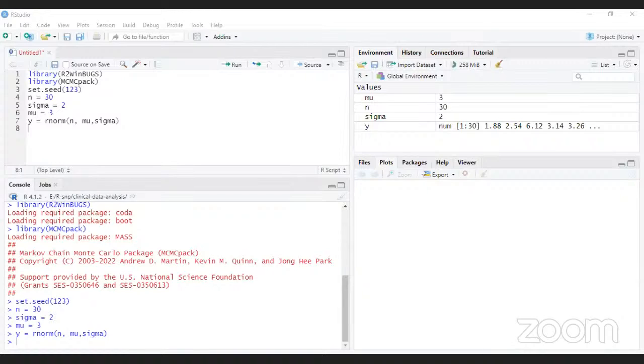Next, you can do the mean of your y. Remember, in Bayesian, you are doing the normalization and then you are taking the mean.